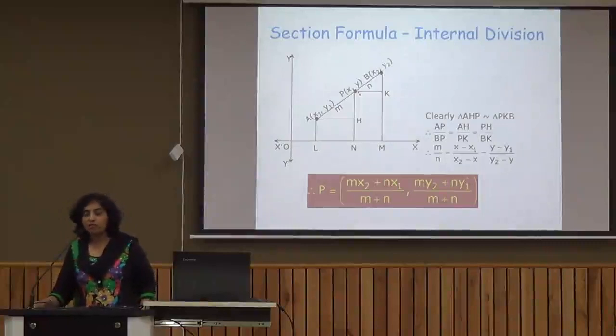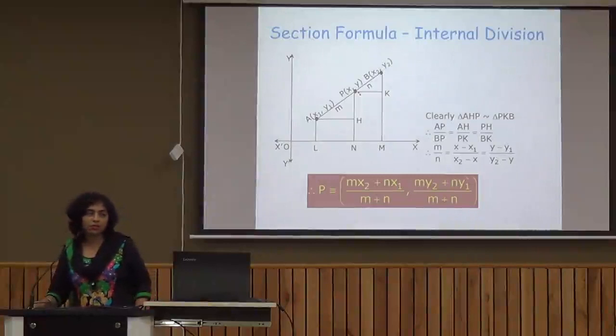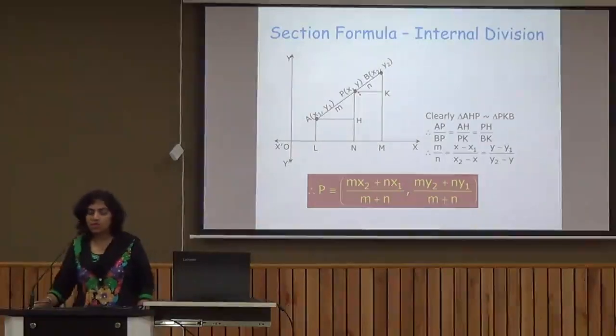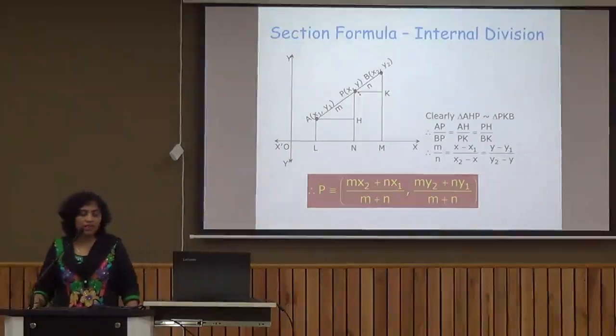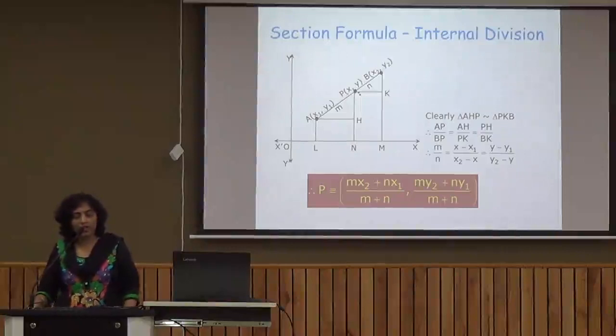We join with various horizontal and vertical lines to see that triangles APH and PBK are similar. As the triangles are similar, the ratios of corresponding lengths will be the same. So AP upon BP is equal to AH upon PK is equal to PH upon BK, and AP upon BP is m upon n.